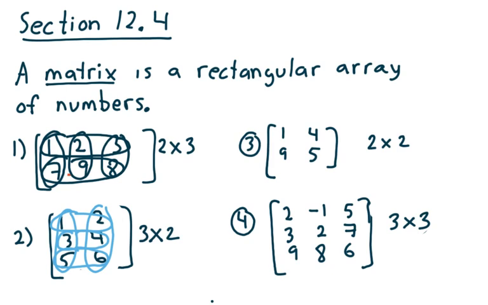In the third example, we have the matrix 1, 4, 9, 5. That's a 2 by 2 matrix, and we have the same number of rows as columns. In the fourth example, we have the matrix 2, negative 1, 5, 3, 2, 7, 9, 8, 6. That's size 3 by 3 because there are 3 rows and 3 columns.